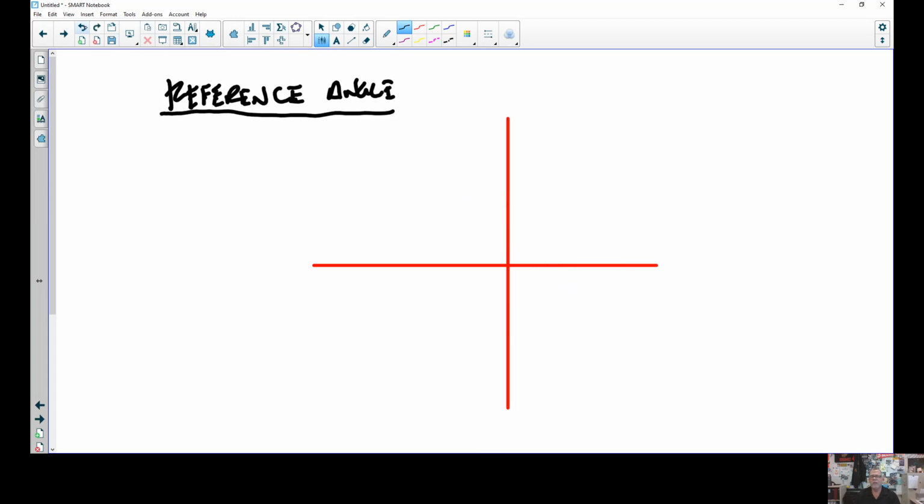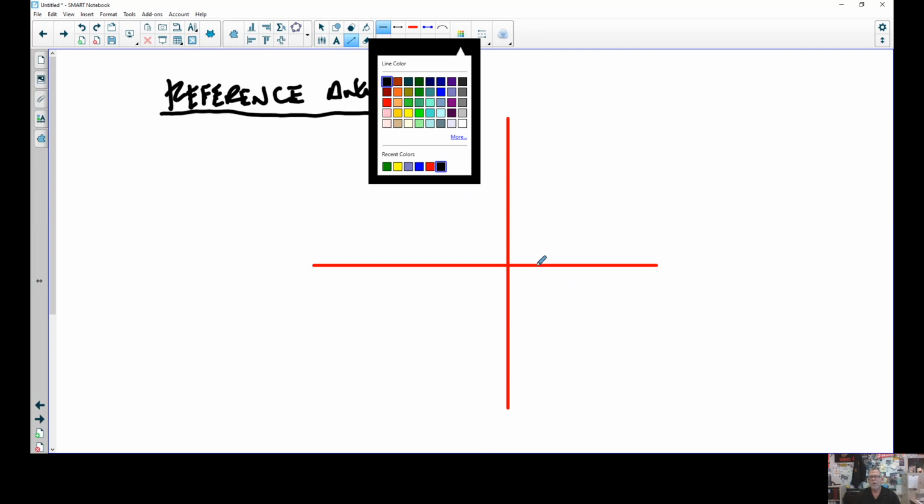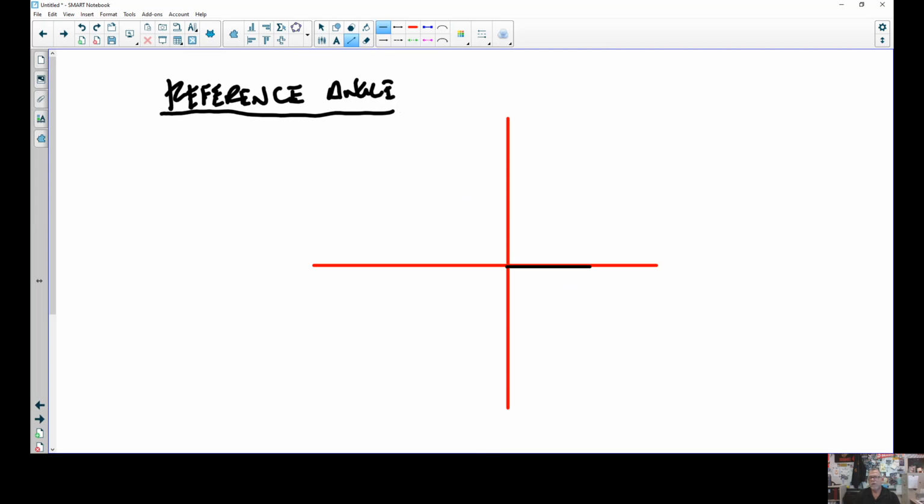Let me get rid of that, guys. I'm going to do it nice. If we have a standard position angle, meaning it has its initial side here, and let's say its terminal side, let's do something a little different. I'm going to do it this way. Its terminal side is here. Anywhere in this first quadrant, you've got a terminal side here.